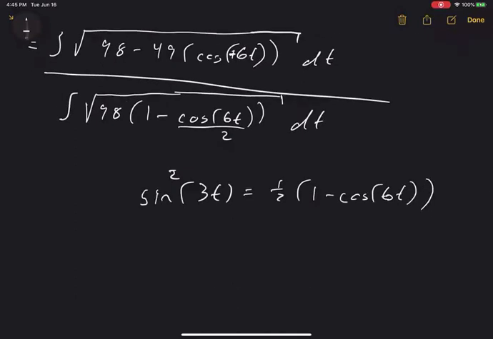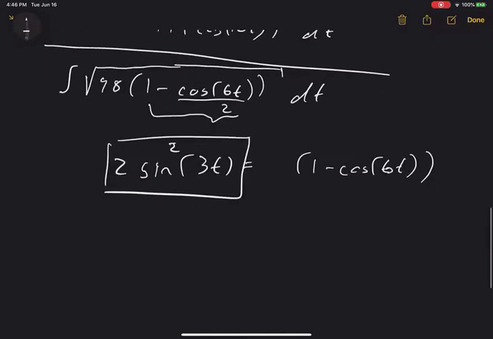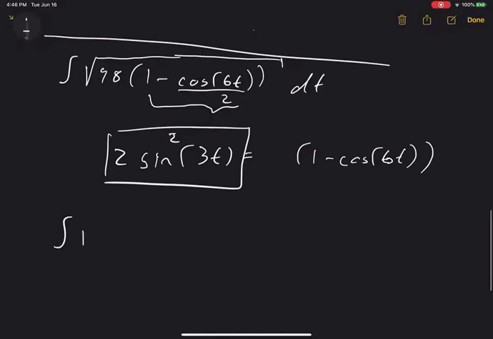So let's replace this then with this, 2 sine squared 3t.